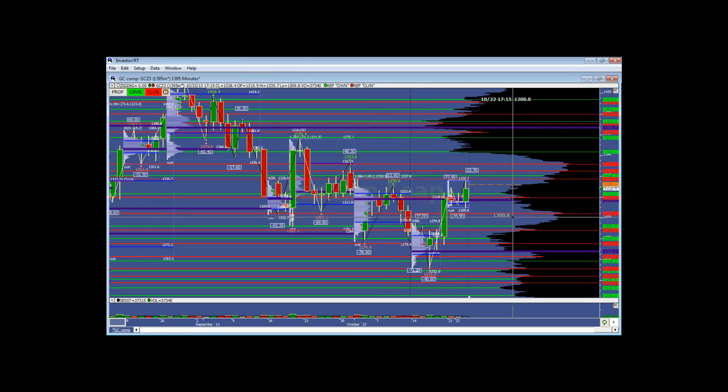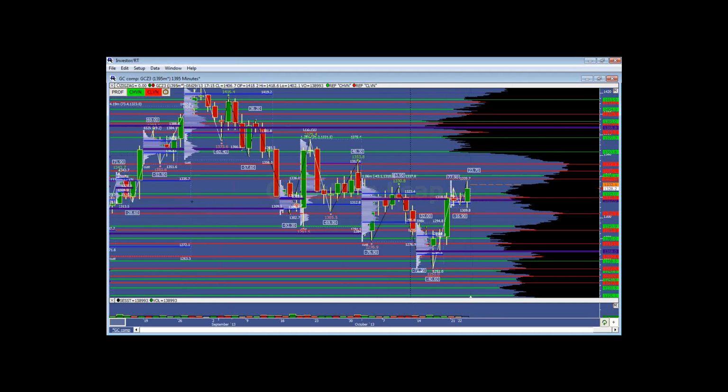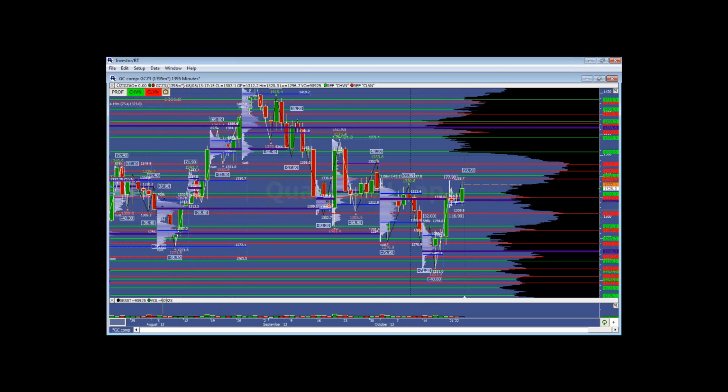If we get back below the range low, that 09 area, which was also one of our targets below of the upper distribution of this microcomposite here at 13.09, and break out of that range, look for a test of the 13.04 CLVN.